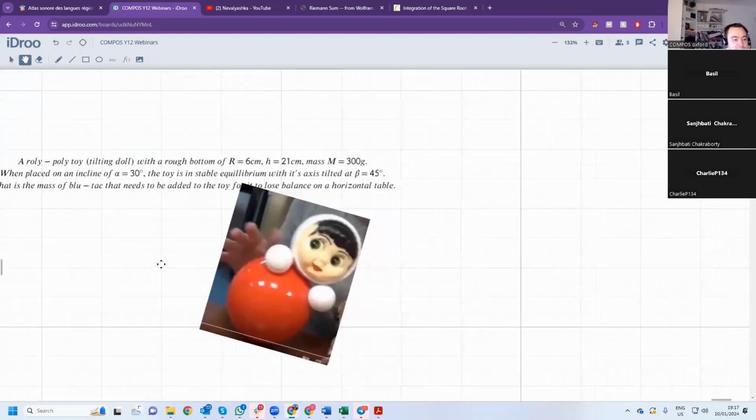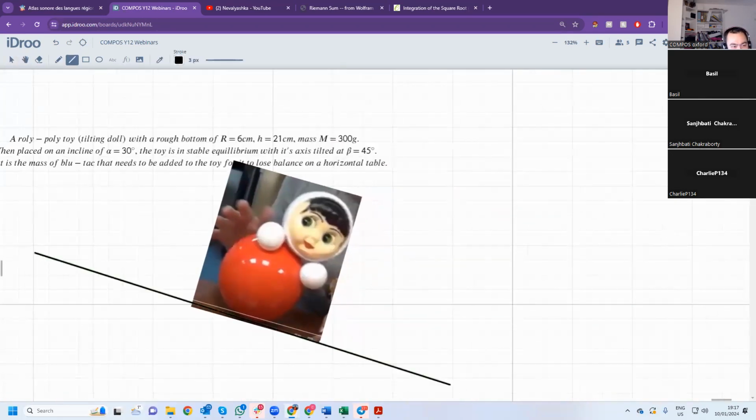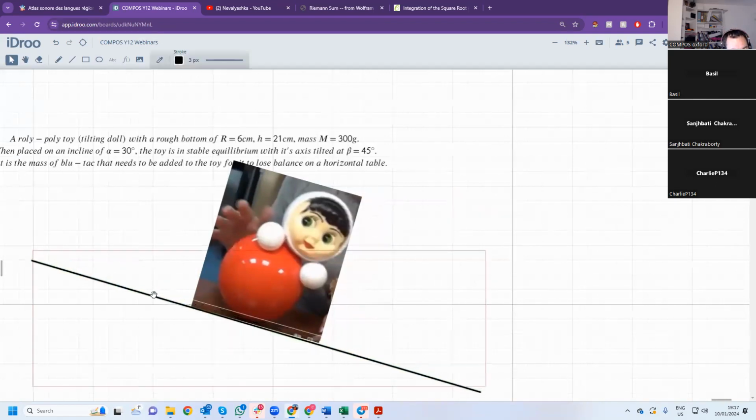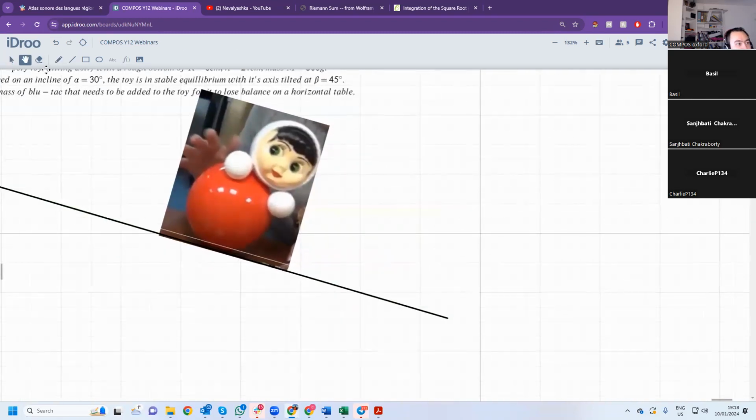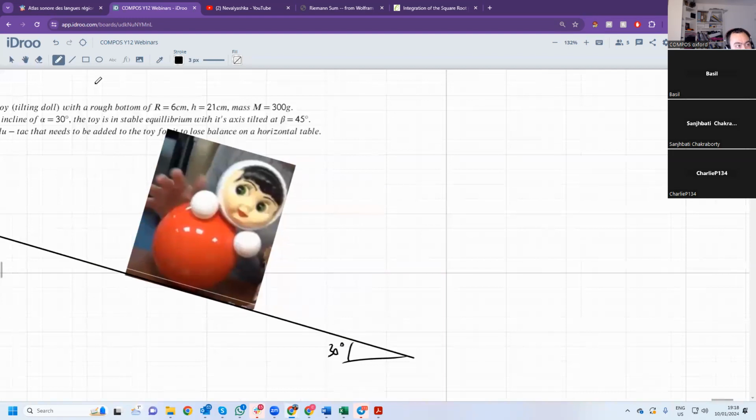Okay, so if the toy is at an incline of 30 degrees, so we've tilted the table at 30 degrees, the toy is now in equilibrium with its axis tilted at 45 degrees.